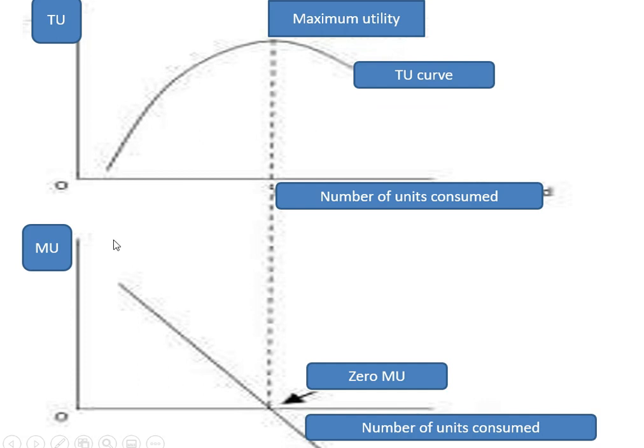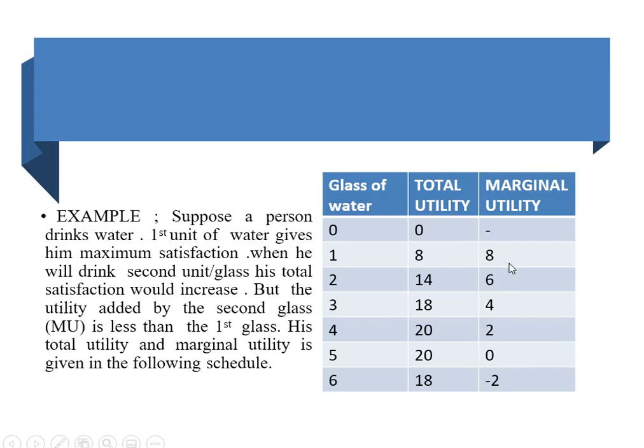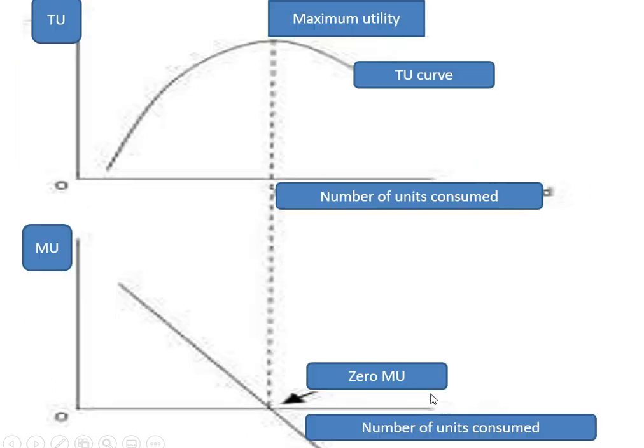And in the next graph we have marginal utility on the y-axis and number of units consumed on the x-axis. As you can see in the table, marginal utility is decreasing from 8, 6, 4 to 0, minus 2. So it means that this curve will have a negative slope. As you can see, we have made a negative slope marginal utility curve.